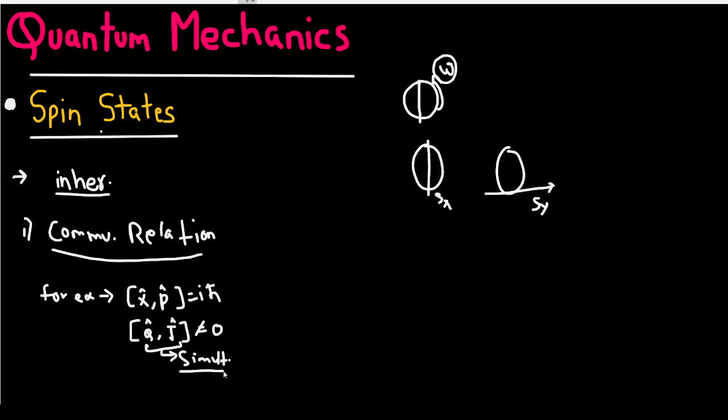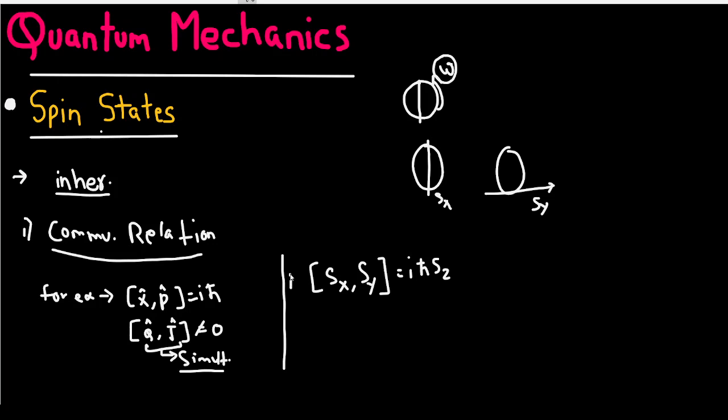This is a property we are going to study in the spin. So in the spin context, you can't measure the spin on two axes simultaneously, and there is also a commutation relationship which follows this.